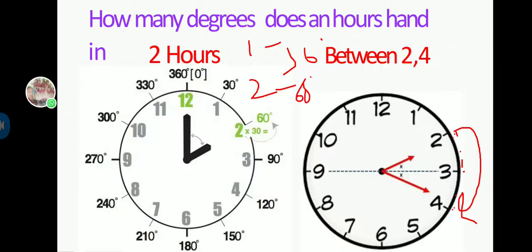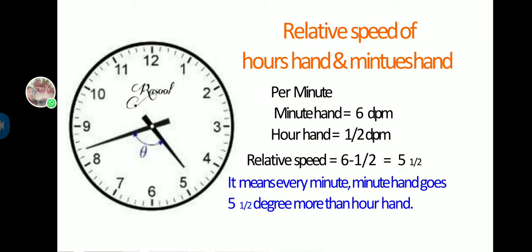Am I right? Same thing here also. Apply here: per minute, 6 degrees per minute. So the relative speed per minute equals 6 minus half, 5.5. It means every minute the minute hand goes 5.5 degrees more than the hour hand.